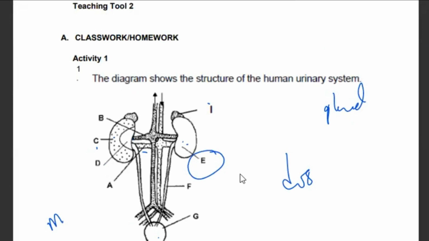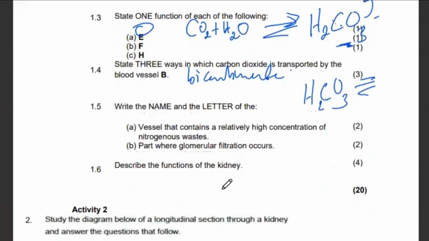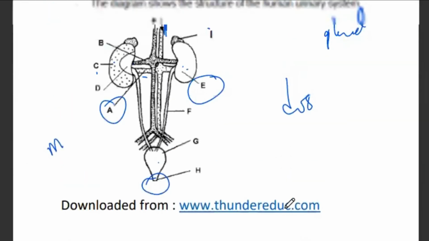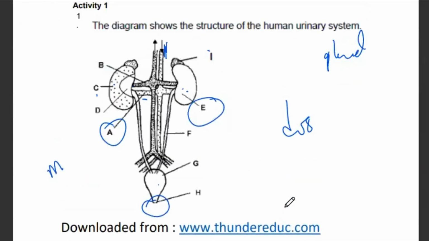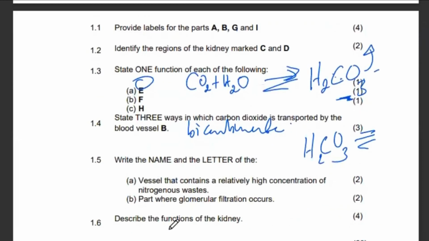In this case, it's A, the renal artery. And then, where does glomerular filtration occur? It occurs in the dark part of the kidney. That's where filtration occurs.